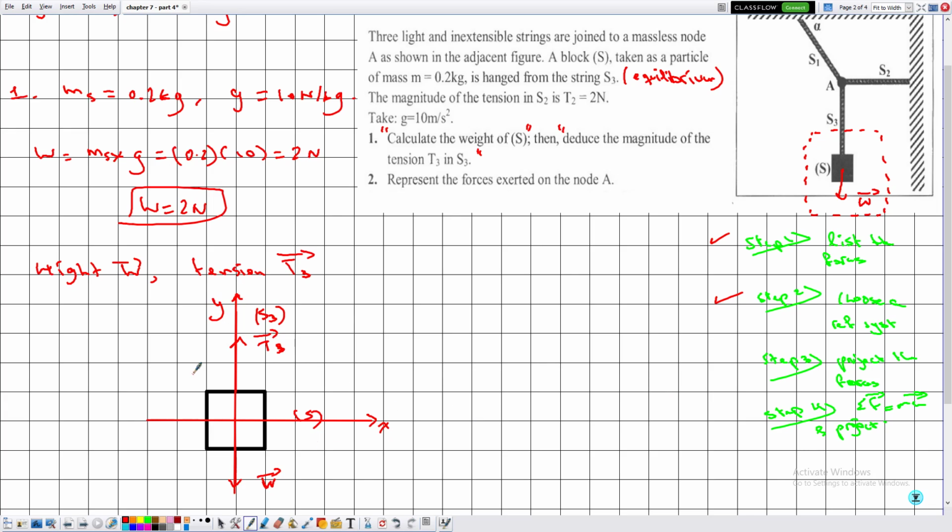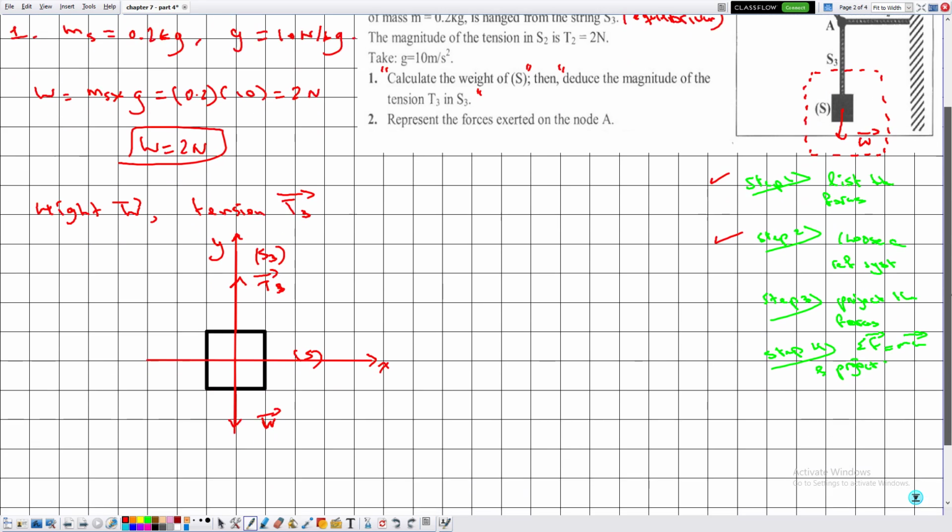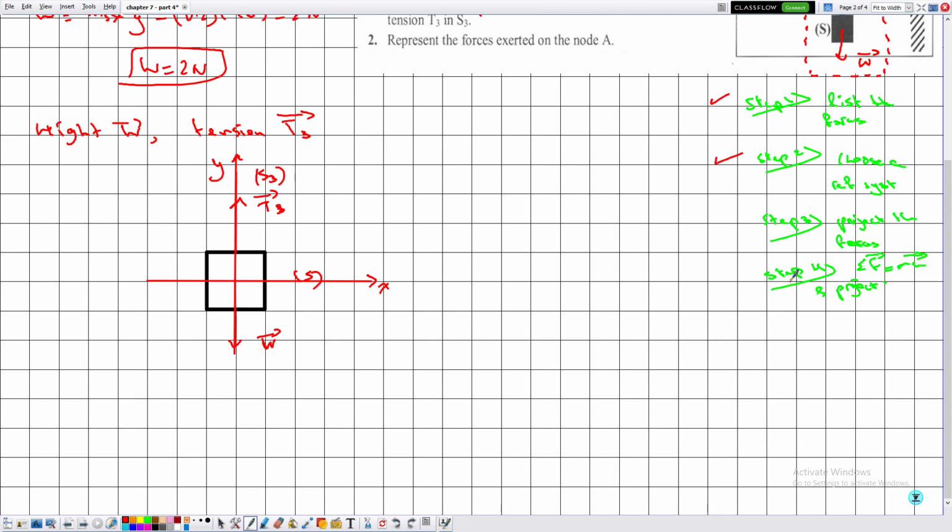And we are interested in determining the magnitude T3. We are done with step number 2. Now notice that in this case, if we write the condition of equilibrium, at equilibrium for body S, the sum of forces is equal to 0 vector, so we have W plus T vector is equal to 0 vector.